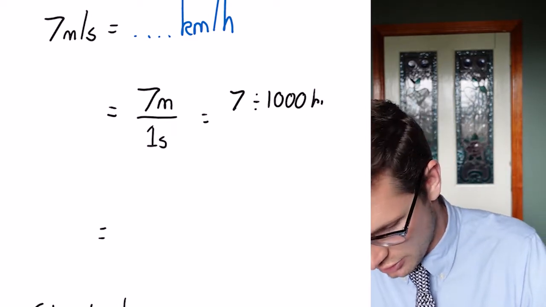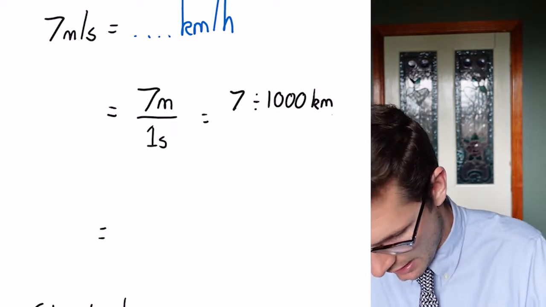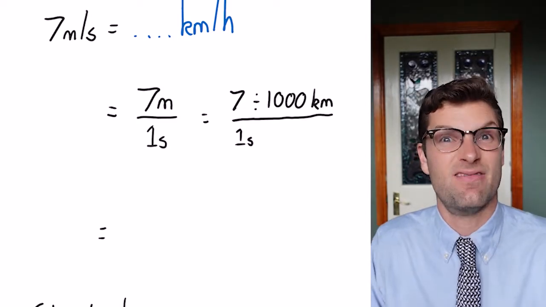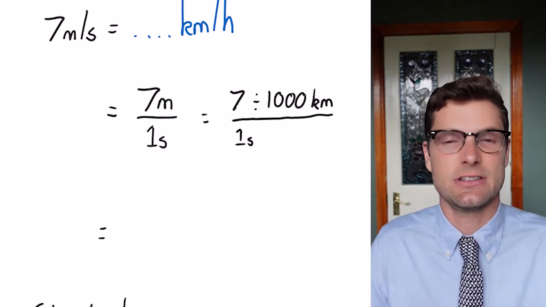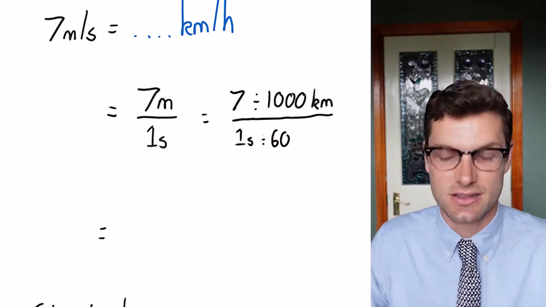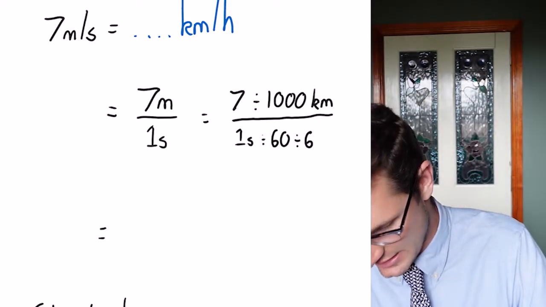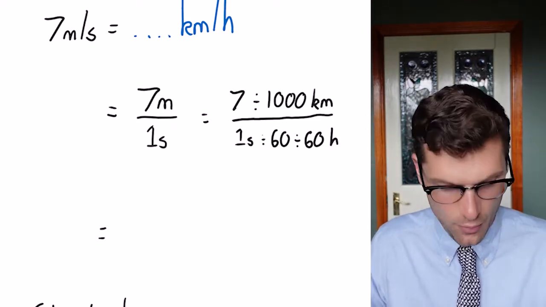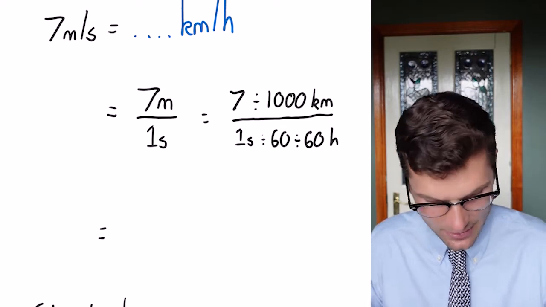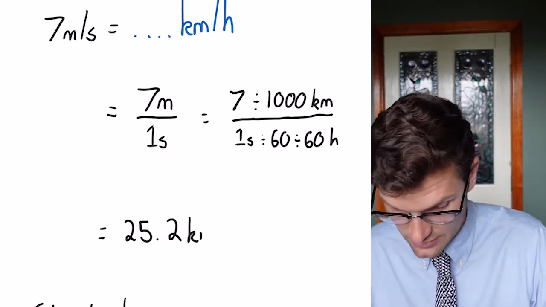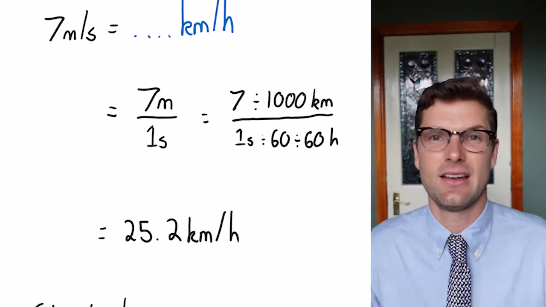Now we're in kilometers. Then we've got 1 second on the bottom, and to turn that into hours, we divide by 60, which turns it into minutes, and then divide by 60 again. Now we've got hours, so this is in our correct form. If you type that into your calculator, that gives us 25.2, and that is kilometers per hour.